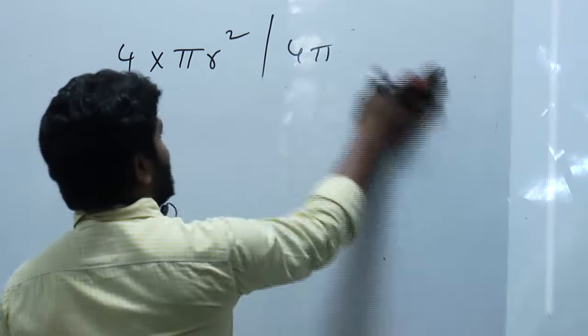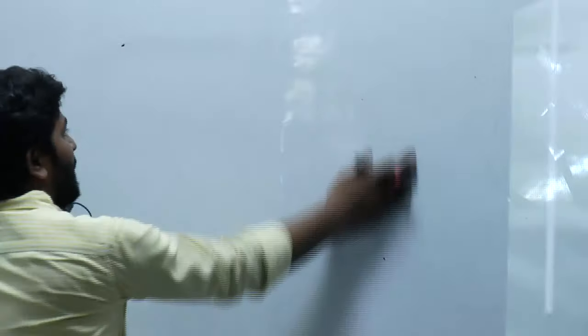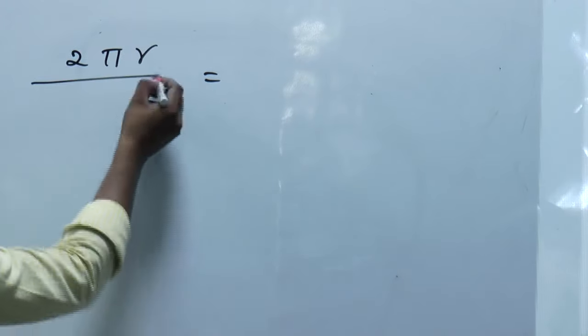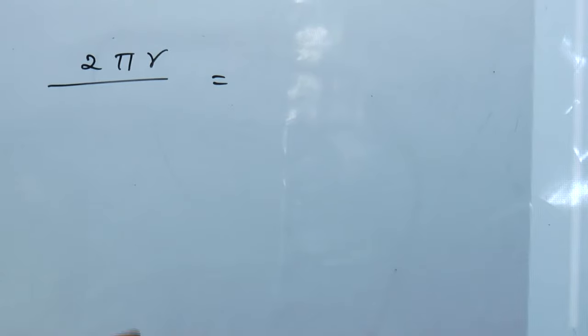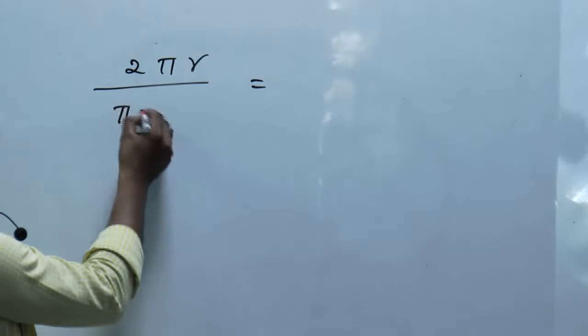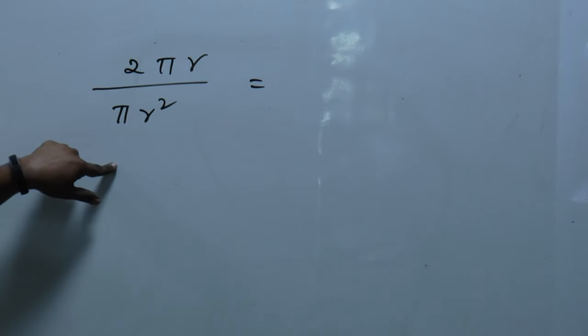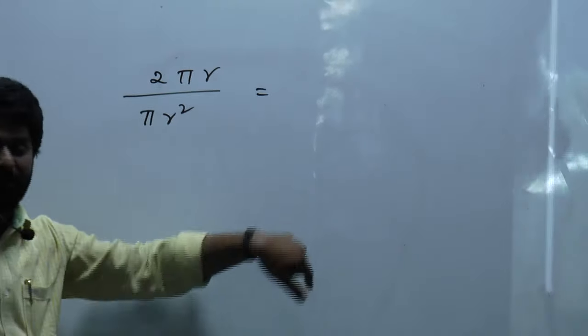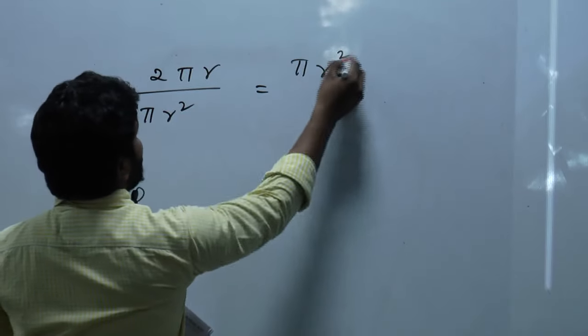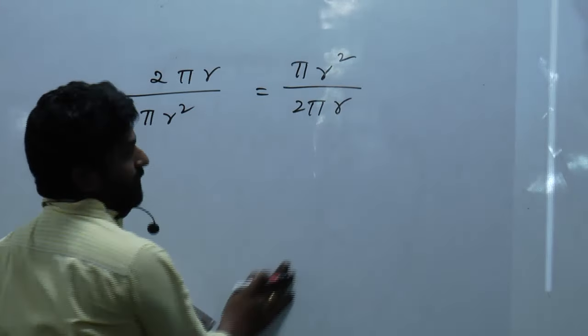Come on. Let's try this. Your condition says the ratio between circumference to area is the same as area to circumference. For what? Is that for the coin or the square? Coin. Circumference 2 pi r. Area pi r square. The ratio between circumference to area is the same as area to circumference: 2 pi r by pi r square equals pi r square by 2 pi r.